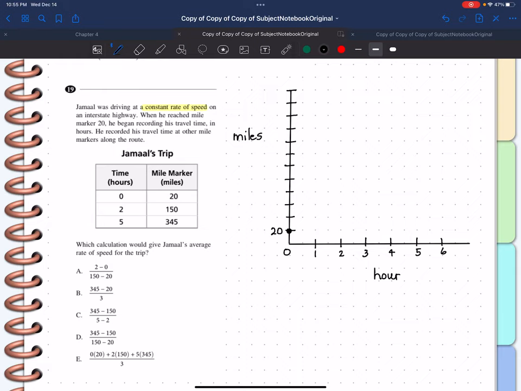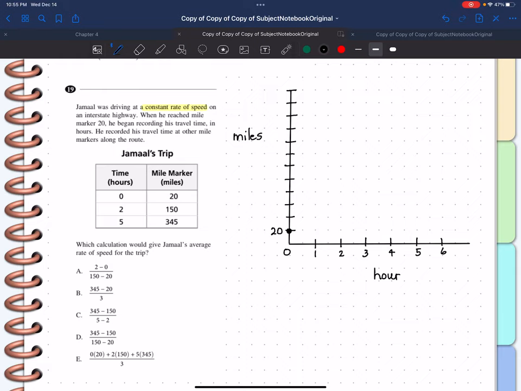And if you were writing this as a function, this would be your y-intercept. It would be that number trailing on the end. Then at 2 hours, we have him traveling 150 miles. And then at 5 hours, we have him traveling 345 miles.